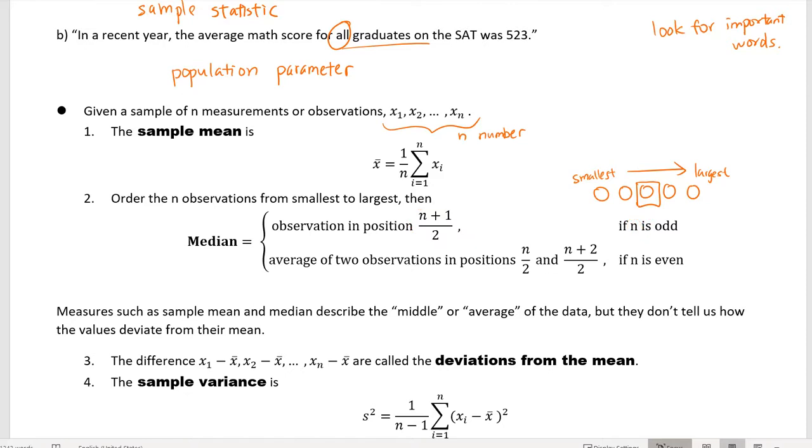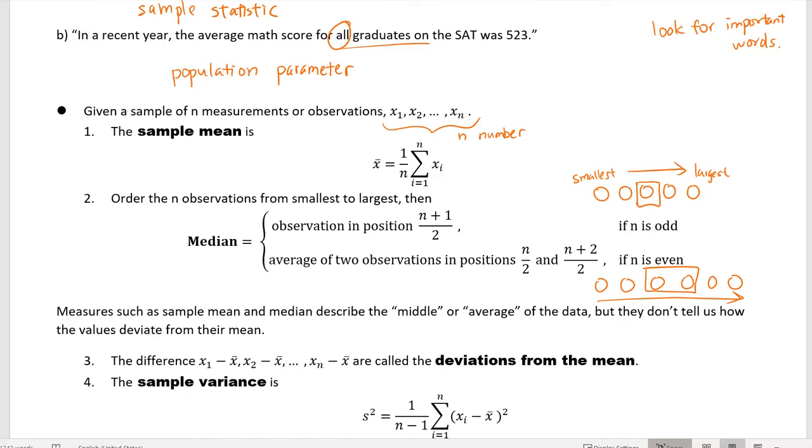What if n is even? Well, when n is even, of course, you want to order it from smallest to largest. But there's no middle one, there are 2 in the middle. Then what you do is you take the average of those middle 2.